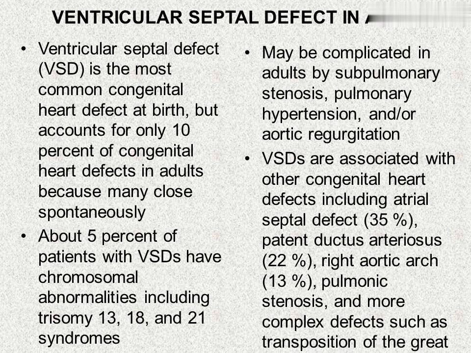VSDs are associated with other congenital heart defects including atrial septal defect, 35%, patent ductus arteriosus, 22%, right aortic arch, 13%, pulmonic stenosis, and more complex defects such as transposition of the great arteries and tetralogy of Fallot. The majority of congenital VSDs in adults present as an isolated defect.